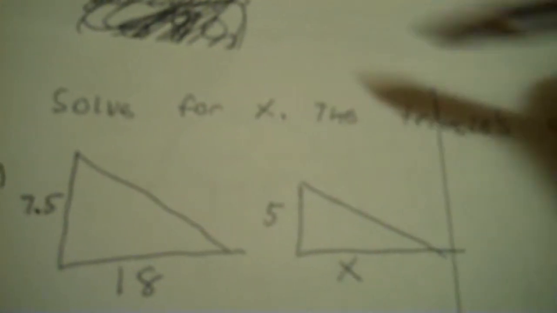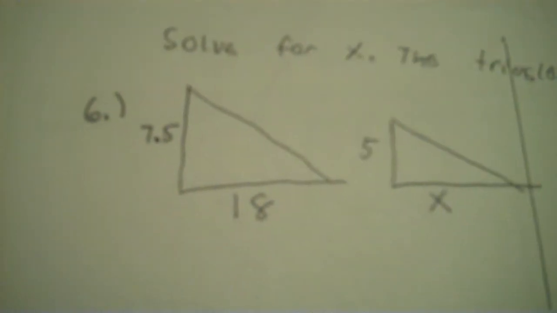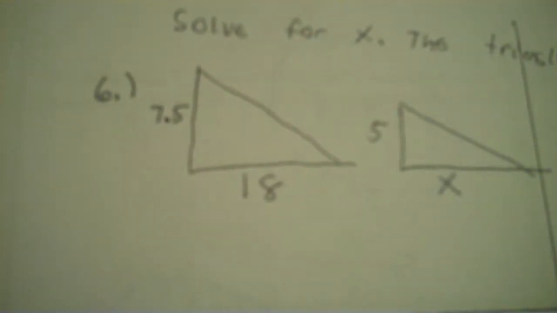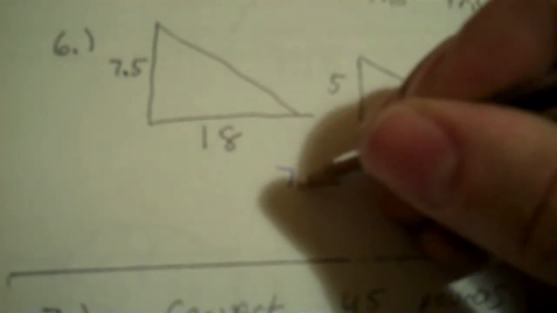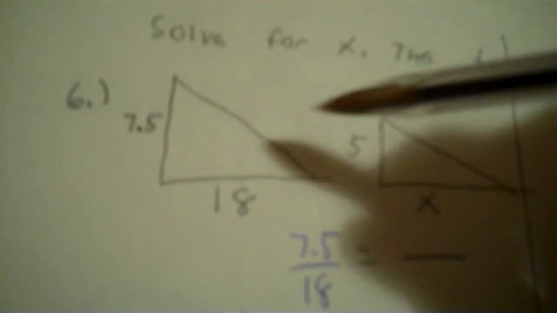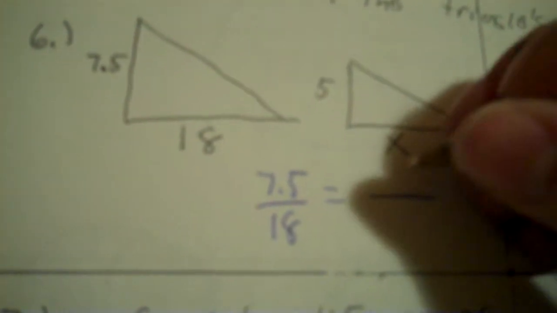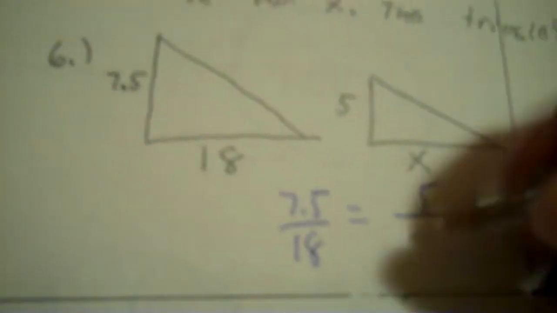Okay, similar triangles. Solve for x. The triangles are similar. So there's two ways you can do it. You can put 7.5 over 18 or 18 over 7.5. It doesn't really matter. The 7.5 lines up with the 5, and the 18 lines up with the x.